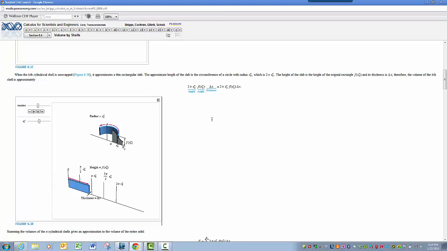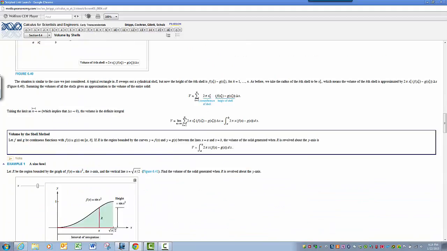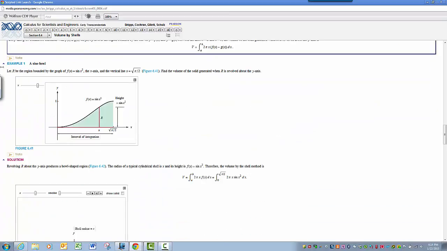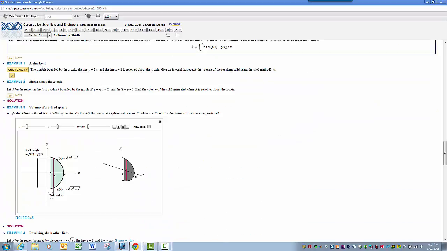Now I want you to take some time and work on example number 1, and then see if you can set up example number 2. We're creating shells around the x-axis. So give example number 1 a try, and then try example number 2.